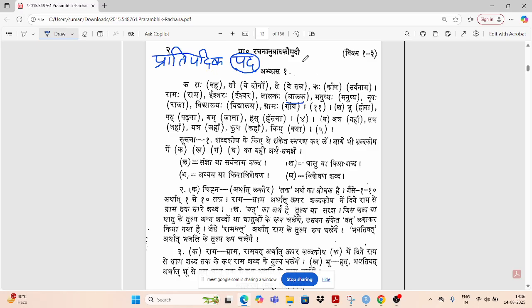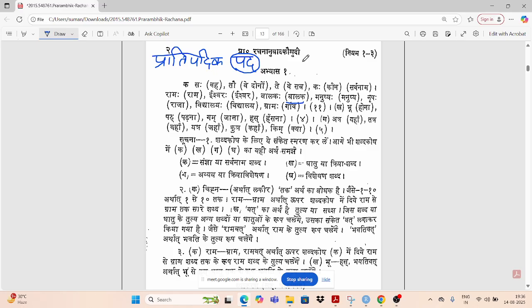So when I say Balakasya Griham Dilli Nagare Asti, we will come to how we are constructing these sentences later, but just look at this sentence. Balakasya Griham Dilli Nagare Asti. The child's home is in Delhi.